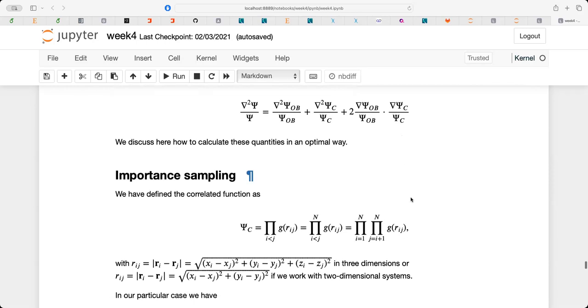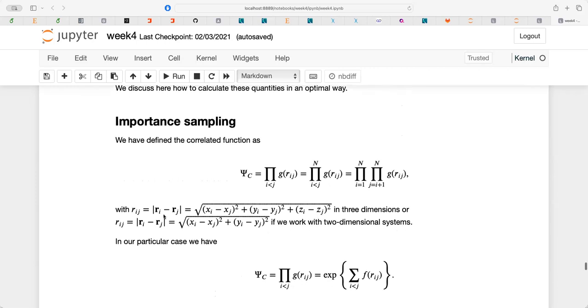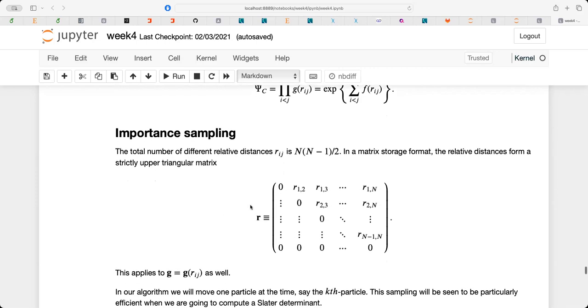So what you have here is a typical type of correlated wave function, which we can rewrite as these two products. And then it's convenient, since this Rij is just a relative distance between two particles in either 3, 2, or 1 dimension, to set up a matrix for the interparticle positions. And then just keep in mind that we typically move one particle at a time.